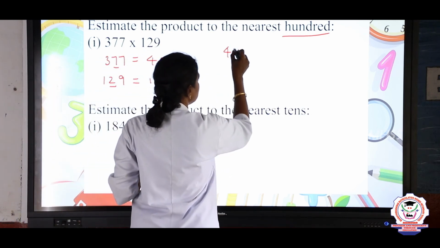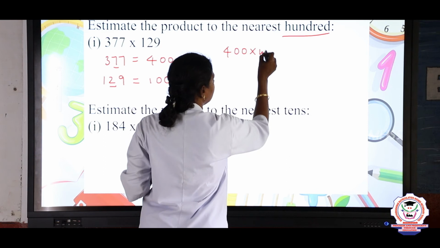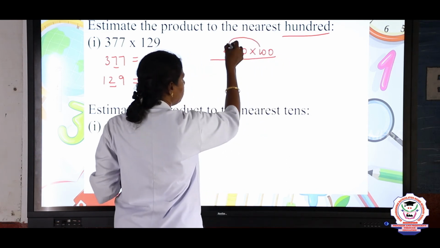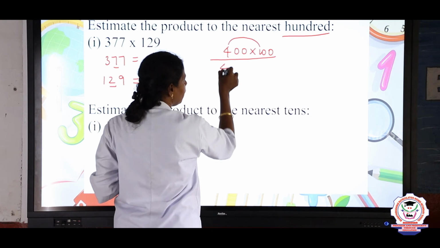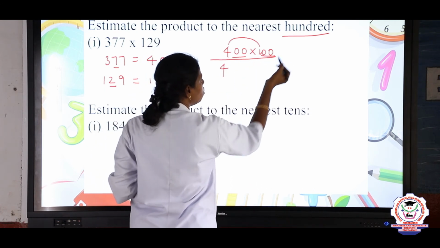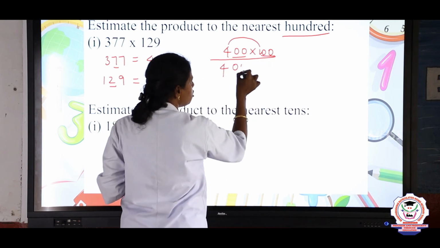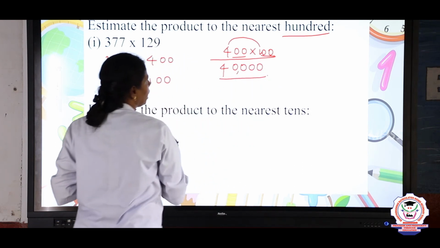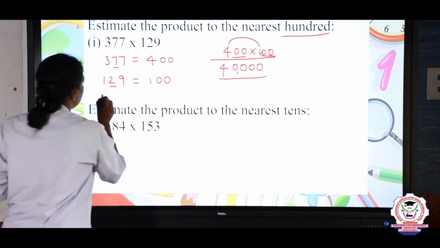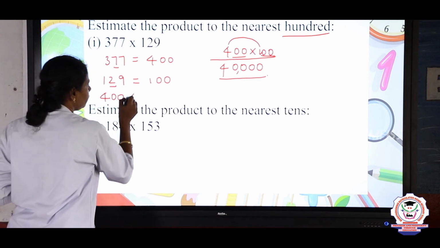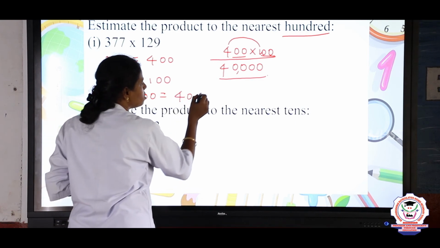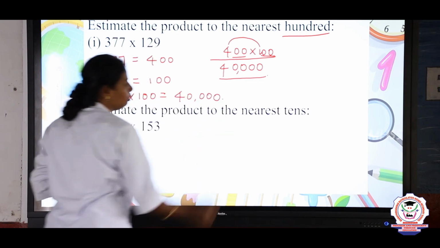Here only the numerical numbers, 4 and 1, 4 ones are 4, we are going to multiply. Here there are 2 zeros and 2 zeros, so we will join all the 4 zeros. So the answer is 40,000. Therefore, 400 into 100 equals 40,000, which is the estimated value.